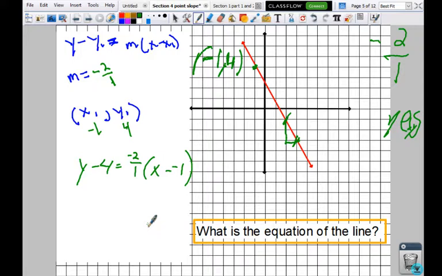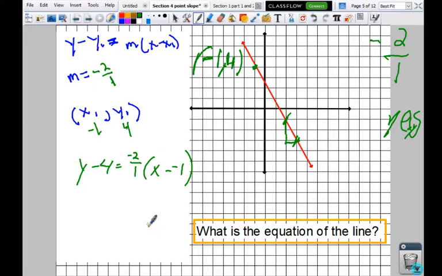So, on yours, Trayton, what did you get for your equation? I went y plus positive 3, take away 9.